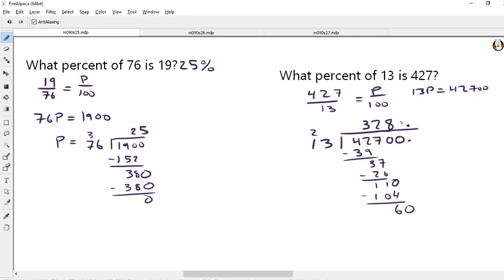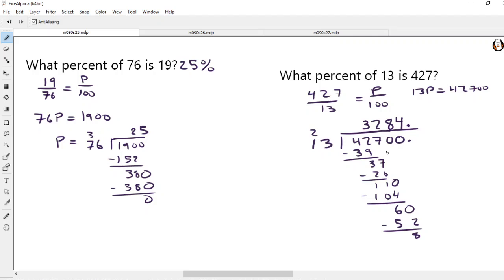Oh, 4 times. 4 would be 52, so 3 times. No. Yeah, 4 is 52. Oh my goodness. Thank goodness I've got an undo button. Man, it was correct.